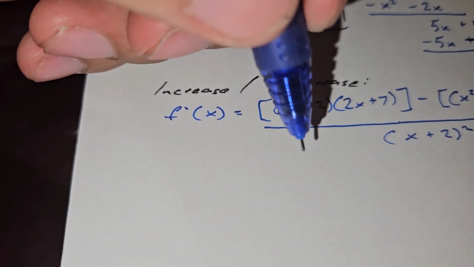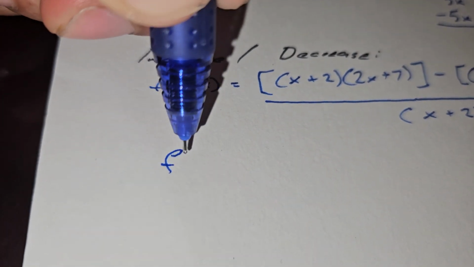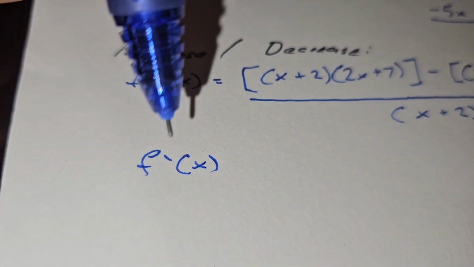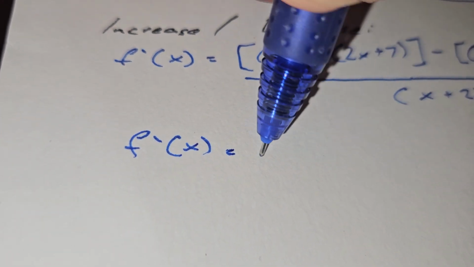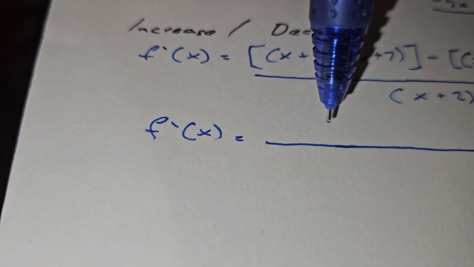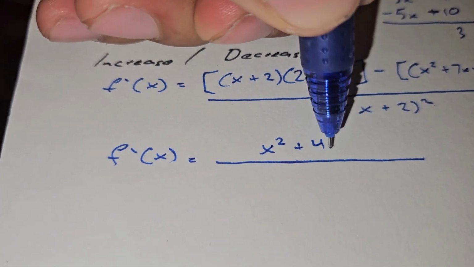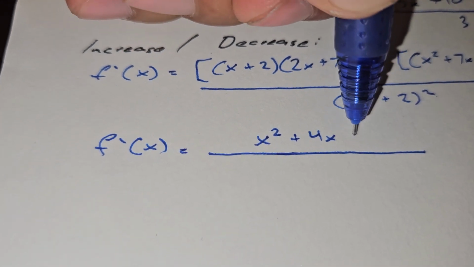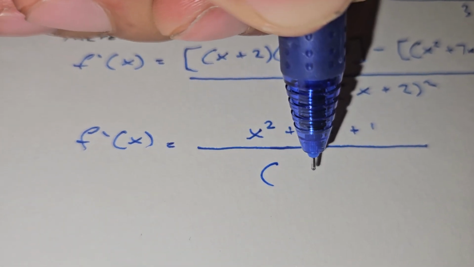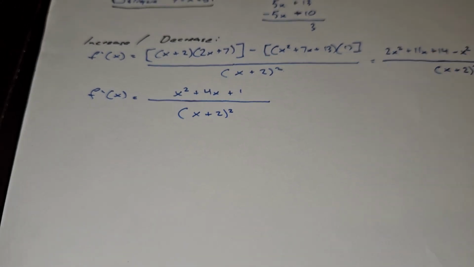So when you cancel out like terms, we end up with the derivative of f of x, f prime of x, equal to x squared plus 4x plus 1 all over x plus 2 raised to the second power.